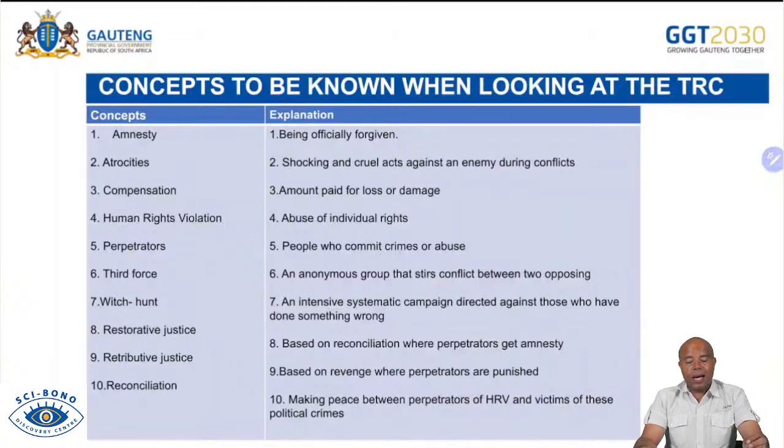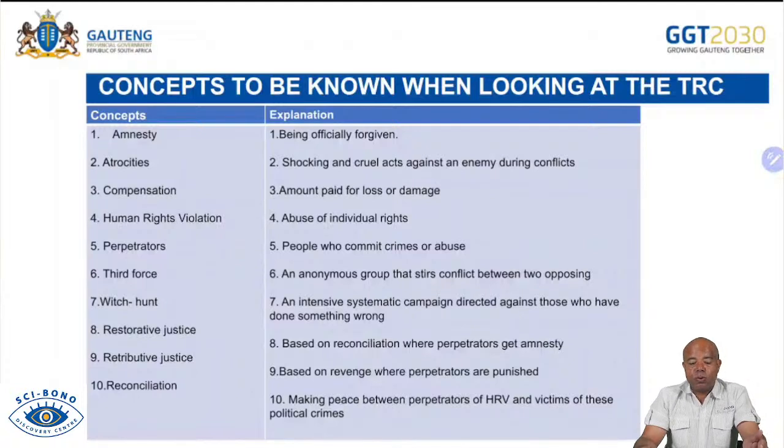Now, it's important that we understand that before we start with this topic, we need to know the concepts. Because if we don't know the concepts, it becomes difficult, because remember what I said, the concepts must be studied. The first concept that you can see on the screen is called amnesty. So amnesty means being officially forgiven.